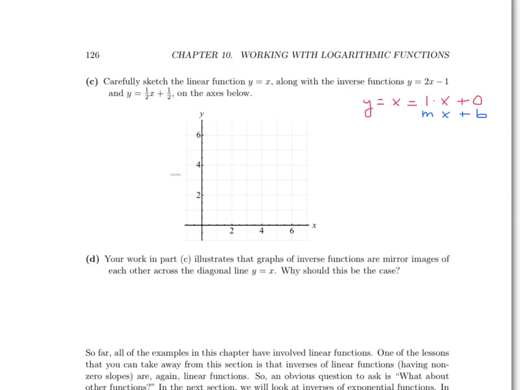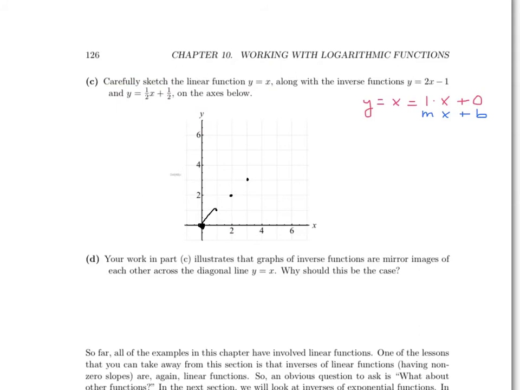So you can see that this particular linear function has a y-intercept of 0 and a slope of 1. So in other words, it crosses the y-axis at 0. It has a slope of 1, which means every time x increases by 1 unit, y also increases by 1 unit. So this graph will go through (1, 1), (2, 2), (3, 3), etc.